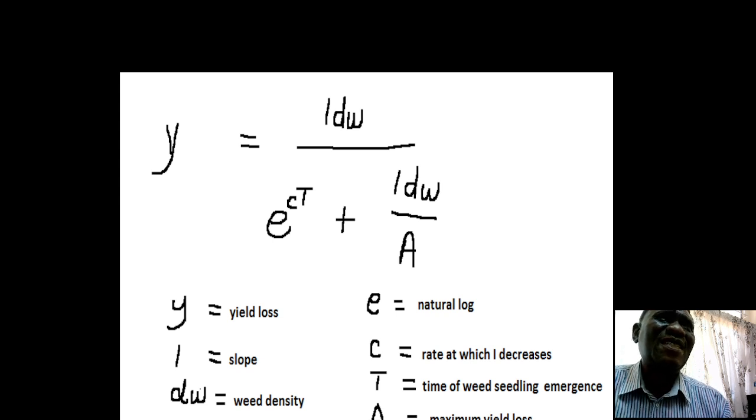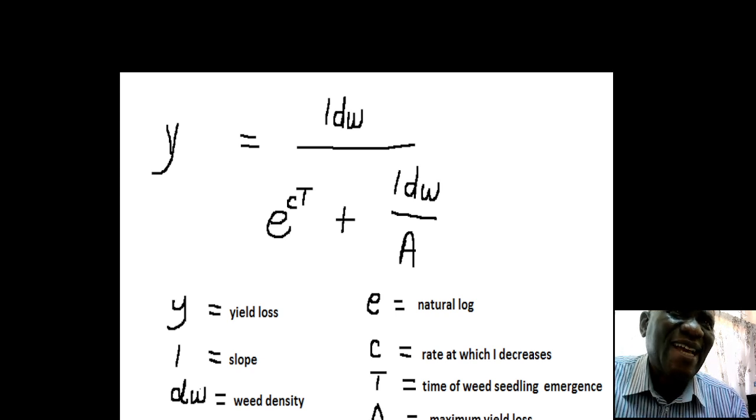Otherwise, we have yield loss is equal to I, the slope, times weed density, over, but instead of using 1, he put an e, representing natural log, to the power of C times T, C representing the rate at which the slope, or I, changed, and the T was time.